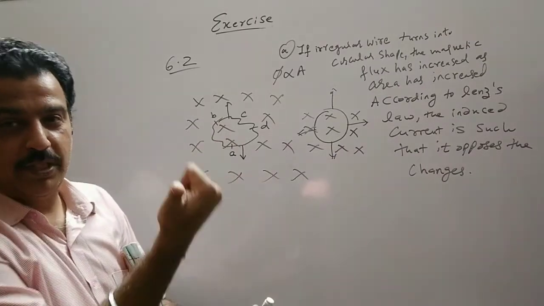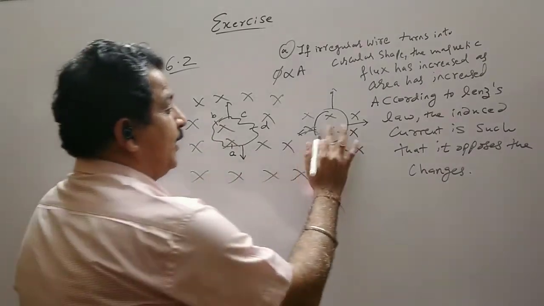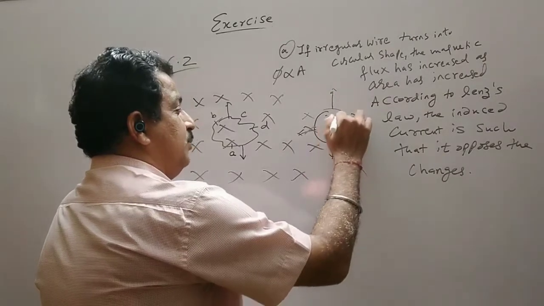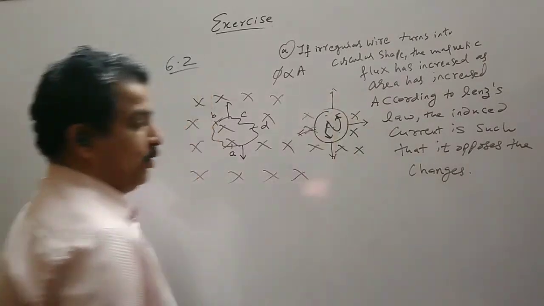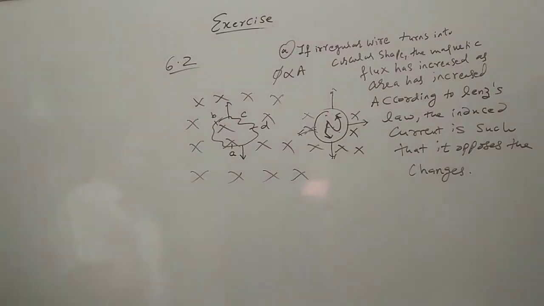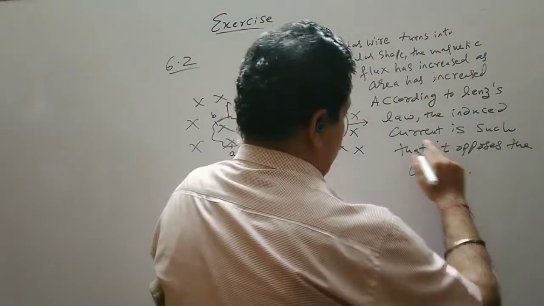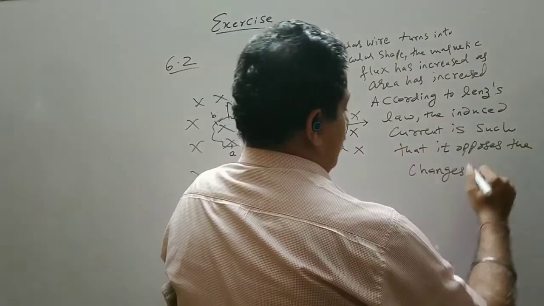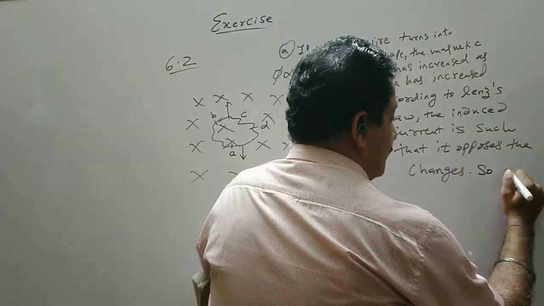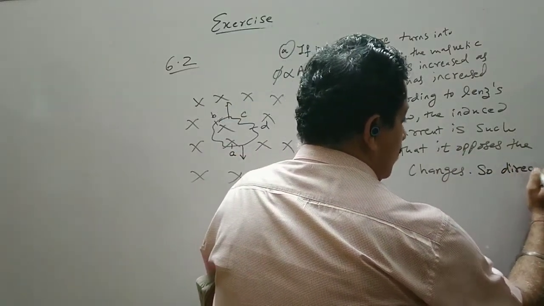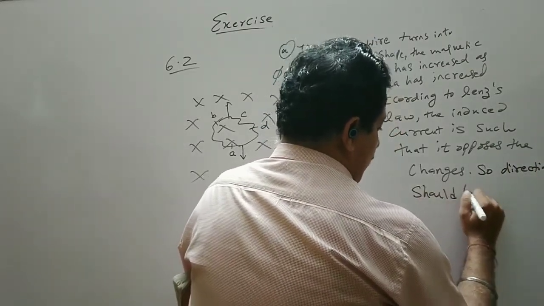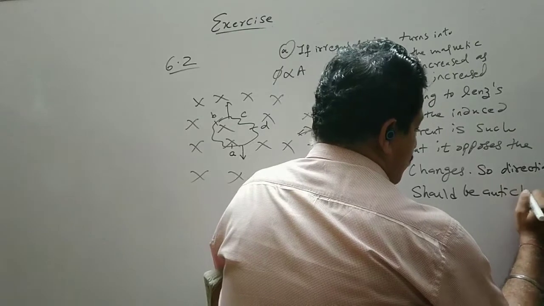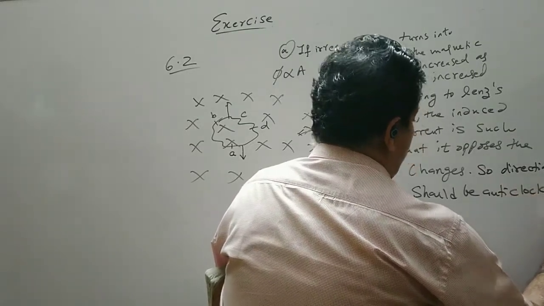If field lines come out, the polarity of this face becomes north. So the current should flow in an anti-clockwise direction. So the induced current is such that it opposes the change. So direction should be anti-clockwise.